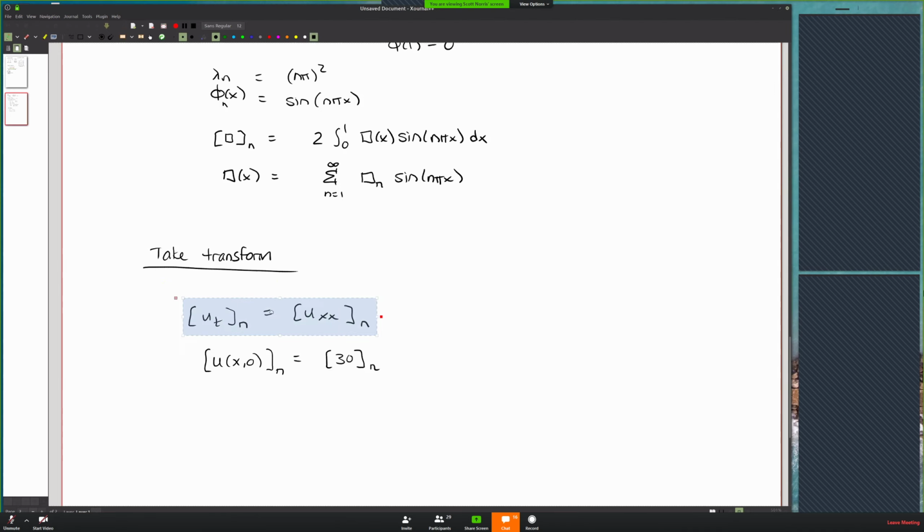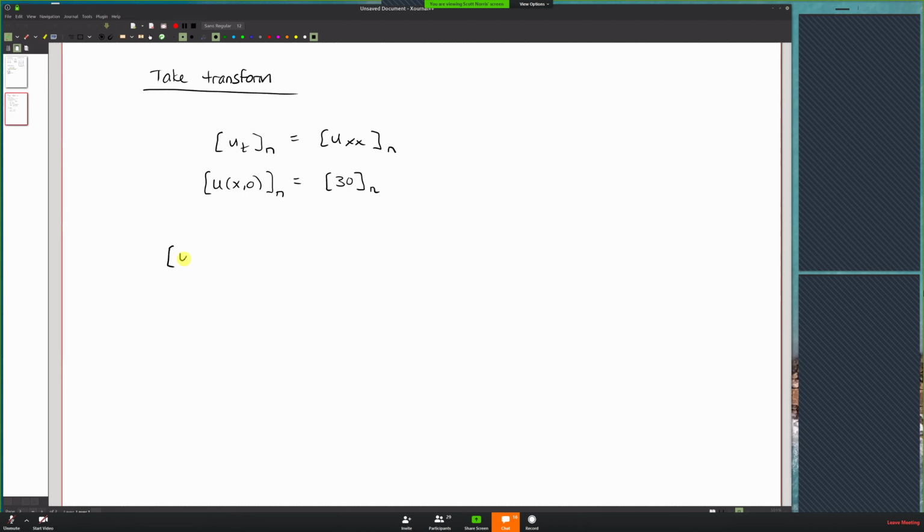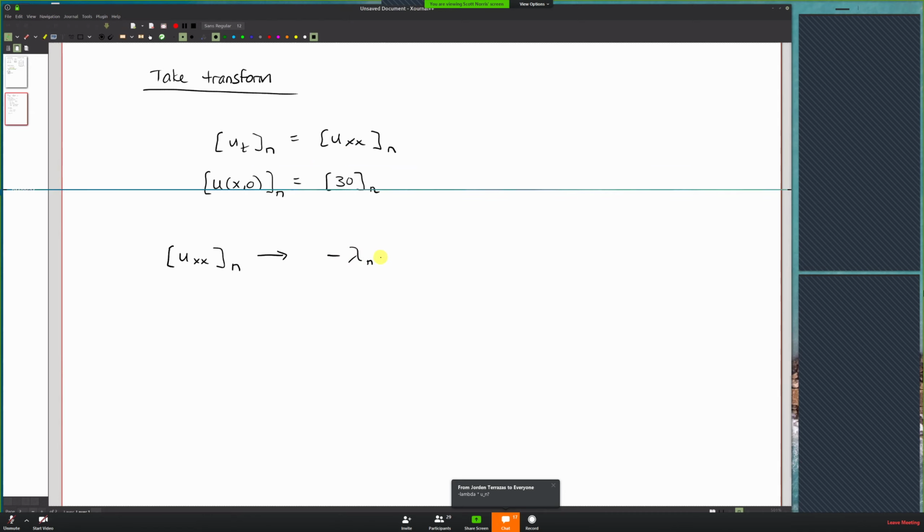It's not exactly clear. We know that the transform of u_xx is what? This we've seen before. Because the second derivative is a self-adjoint operator, when we take the transform of it, we get minus lambda sub n u sub n.